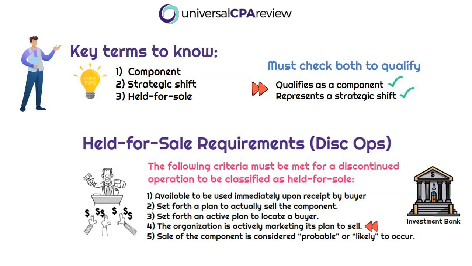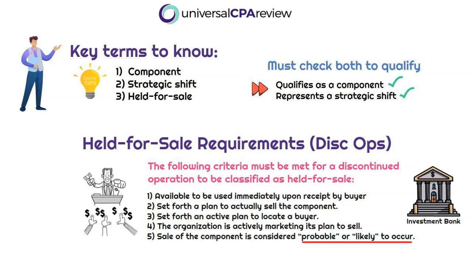That's a little subjective, right? Because often you're not going to see a large business for sale on Facebook or Instagram, right? But again, if they hire an investment bank to sell this business, that should do its job in terms of actively marketing this component as being for sale, right? And then there also needs to be some likely chance that it can sell.